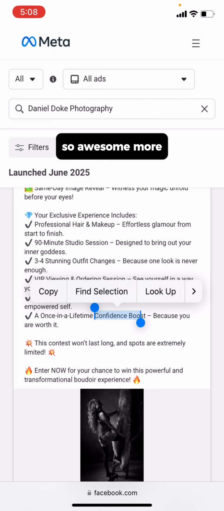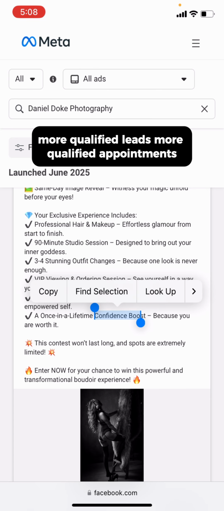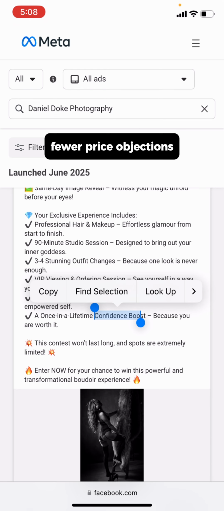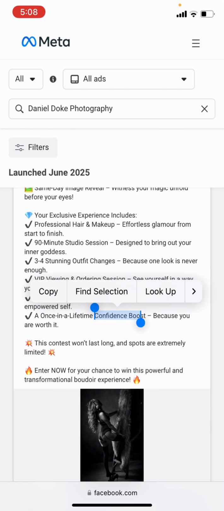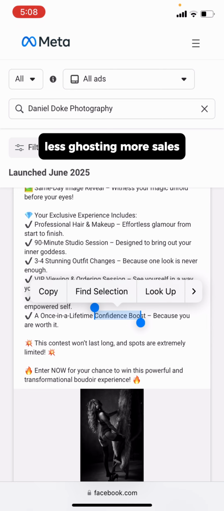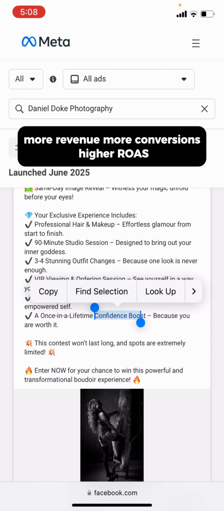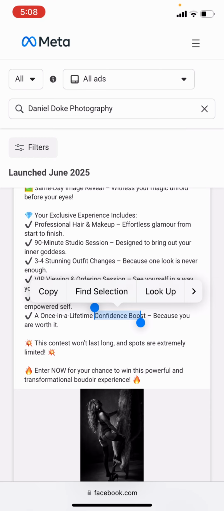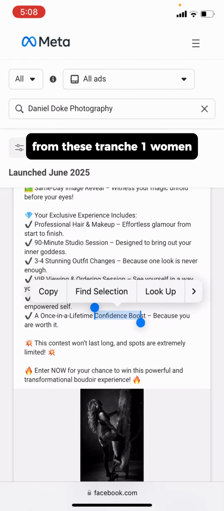So awesome, more qualified leads, more qualified appointments, fewer price objections, fewer price hunters, fewer tire kickers, fewer time wasters, less ghosting, more sales, more revenue, more conversions, higher ROAS from these tranche 1 women.